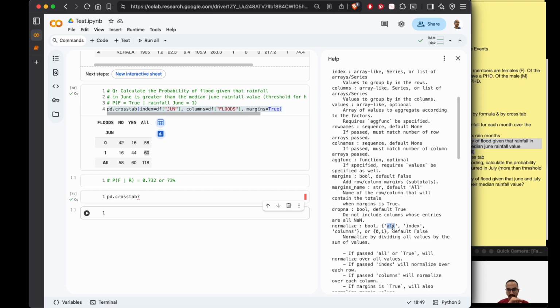So if we set it by index, we'll get it row wise, and if we set it columns, then we'll get column wise proportions. So like if we set it row wise, we will have something like 30 and 70. Suppose 30 and 70, which will total to 100. In this case, it will be 0.30 and 0.70, which will total to 1, since these are probabilities.